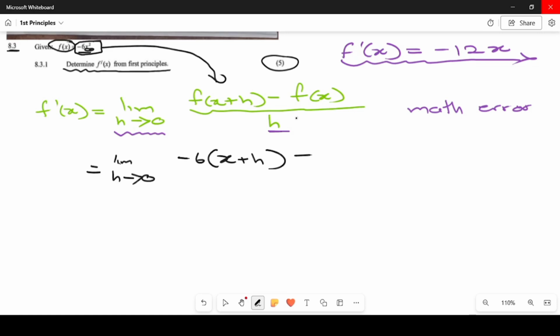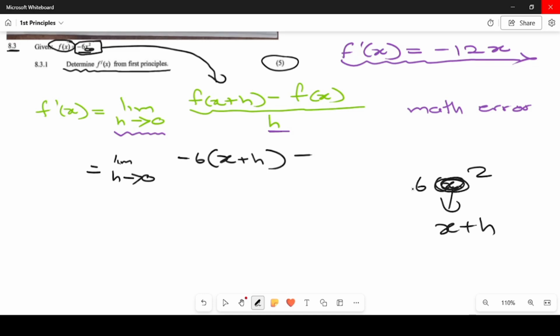Oh, sorry about that, we are squaring. See there, we are saying x squared. So in that part where you have 6x squared, where you have that x squared, you put x plus h, and you see that we have a minus there. So that's what we do.